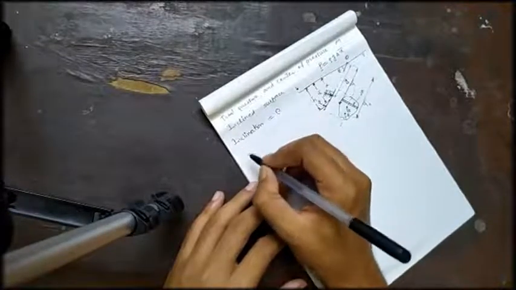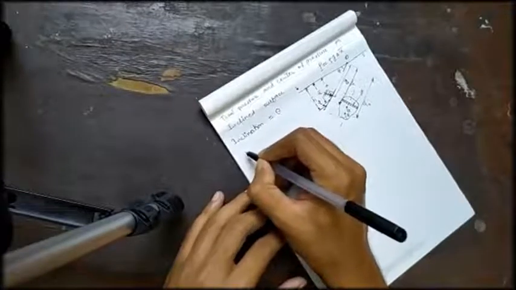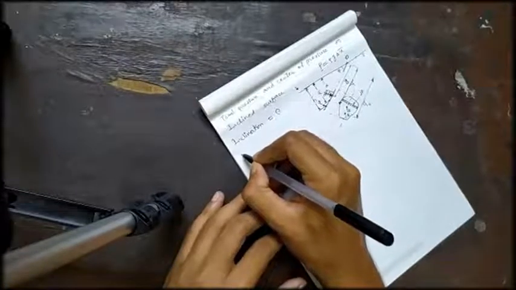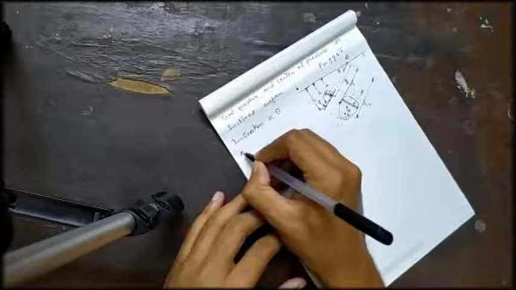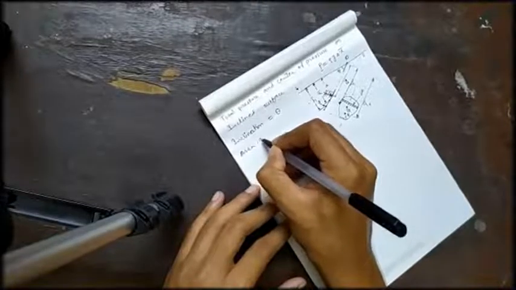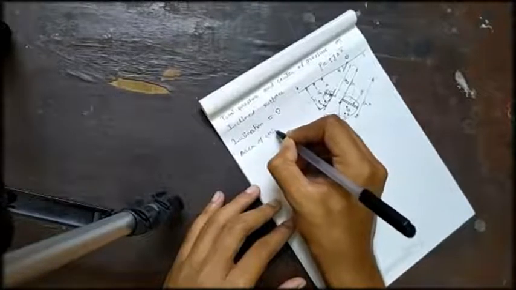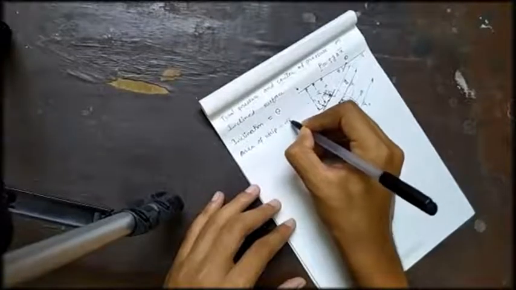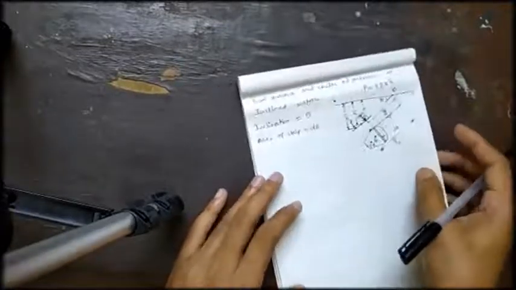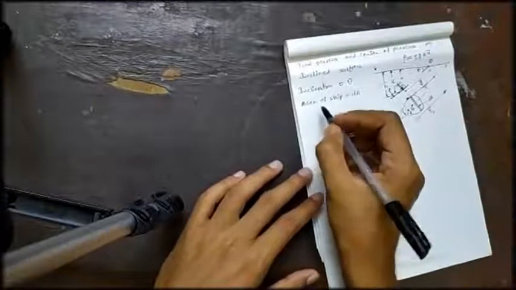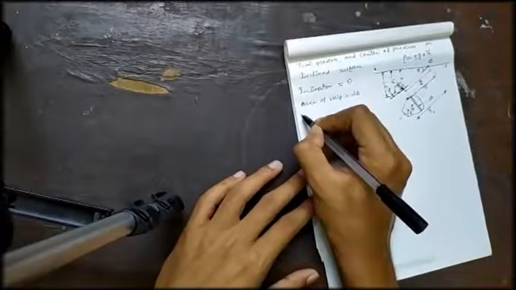Then, at a distance of x, the area of the strip is equal to dA.